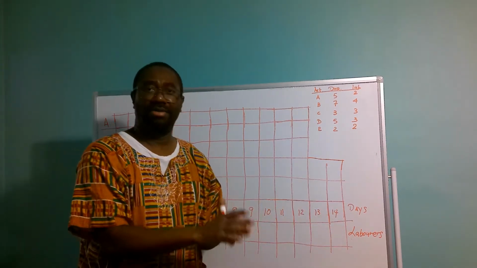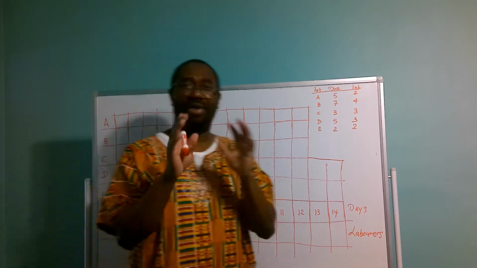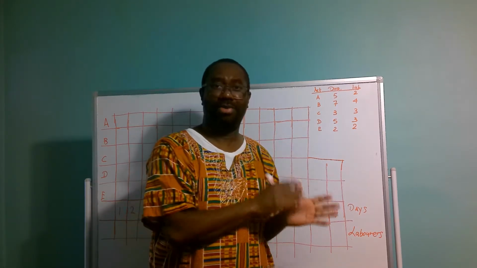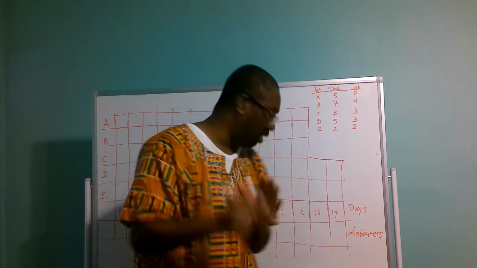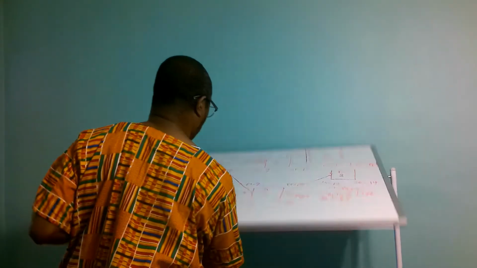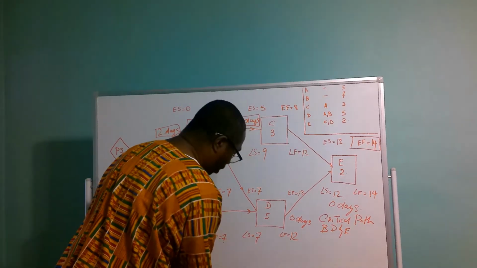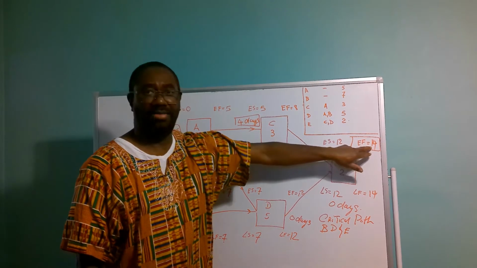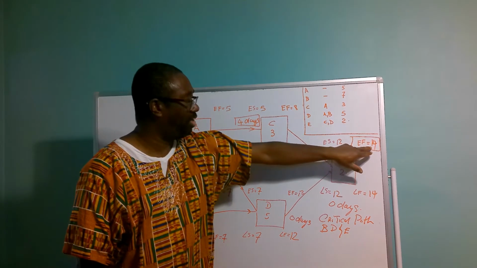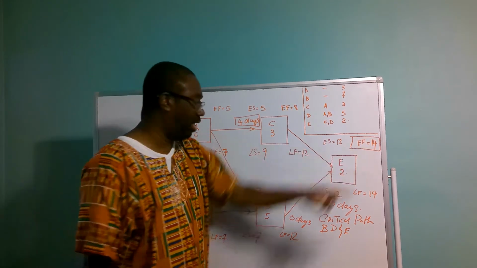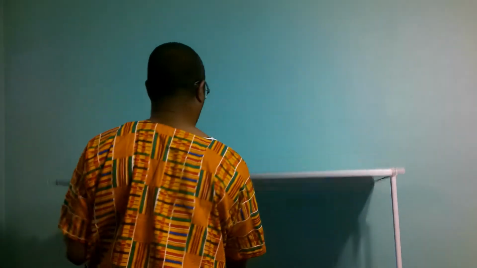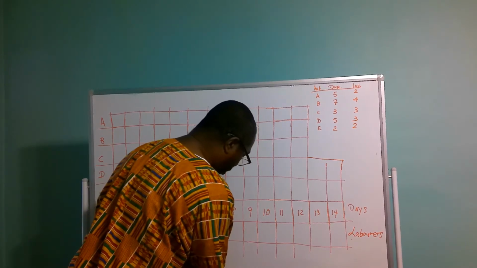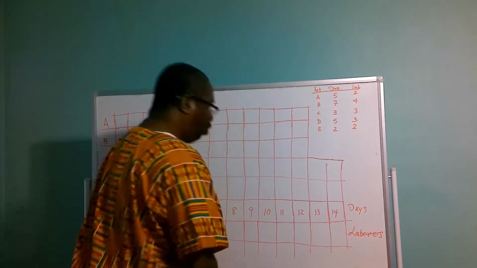And the reason we have 14 days, you have to remember that we just calculated the duration for this project to be 14 days. So let me just show you that quickly in case you're not following to the T. We calculated the duration of this project to be 14 days, and that is why we have the days numbered from 1 all the way through to 14.